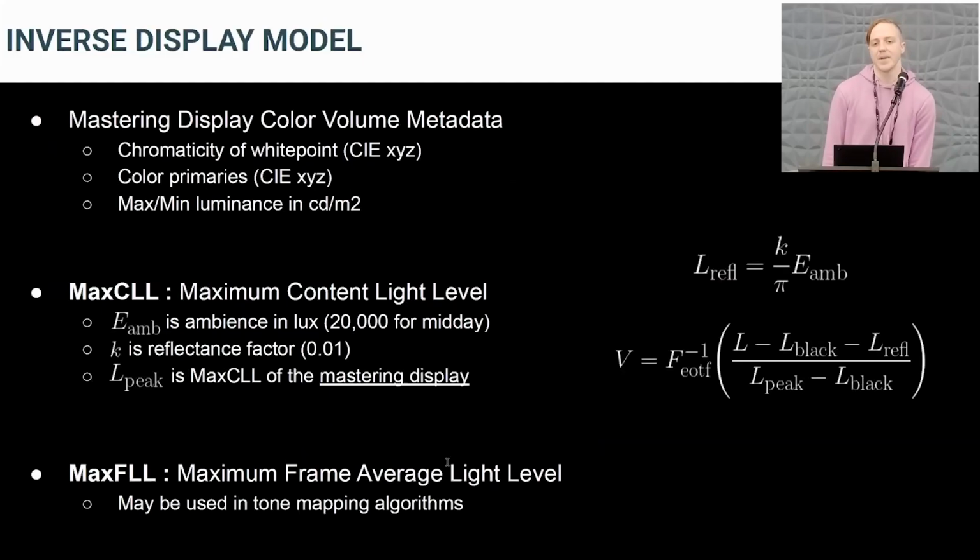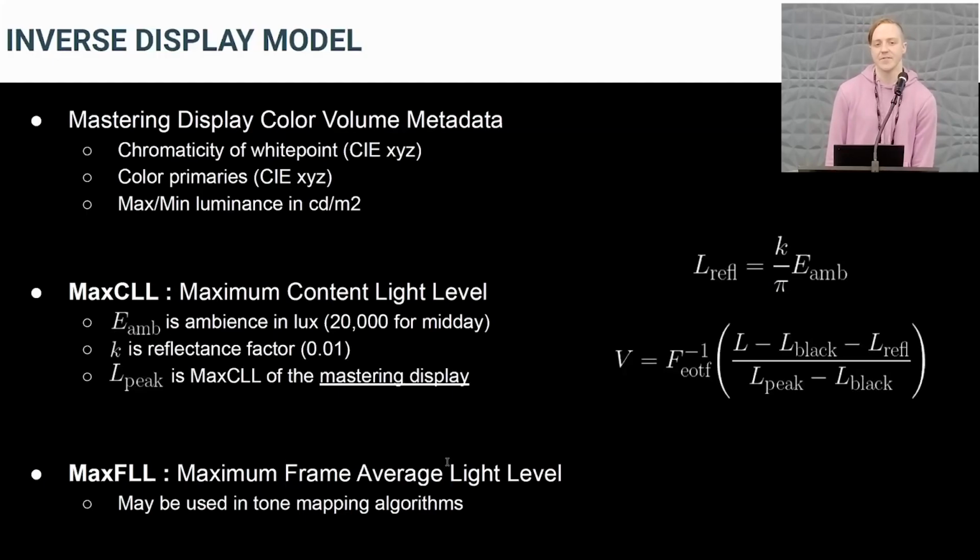So the display model is basically a way where you convert the brightness range of one display to another. And I say brightness range in the sense of min and max luminance, not necessarily the luminosity gradient. That's different. So to do this, you essentially just use this equation and you take into account the max CLL that is provided by your HDR metadata. There are methods that make use of max frame average light level here, but this one does not.